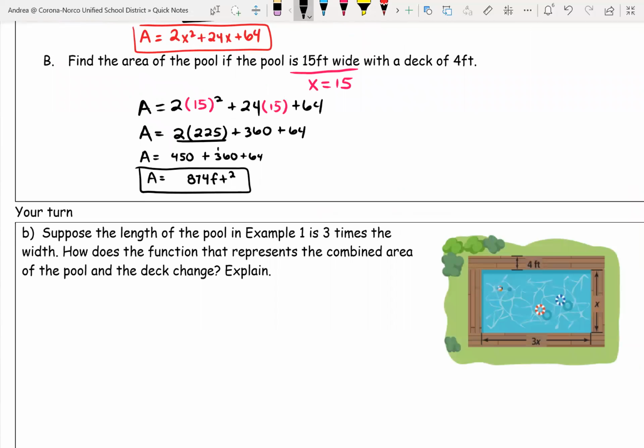So now this is 3x from here to here. You still have the 4 feet here and the 4 feet here. Find now the area of that deck. And this is still x. So you guys do that problem.